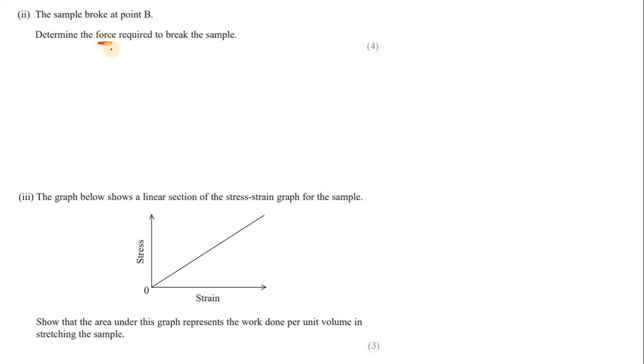In general, stress is equal to force upon area. So force would be equal to stress times area, and this stress is the breaking stress that we can measure from the graph. So we measure the stress from the graph, and then we can put the stress here and multiply with the area.